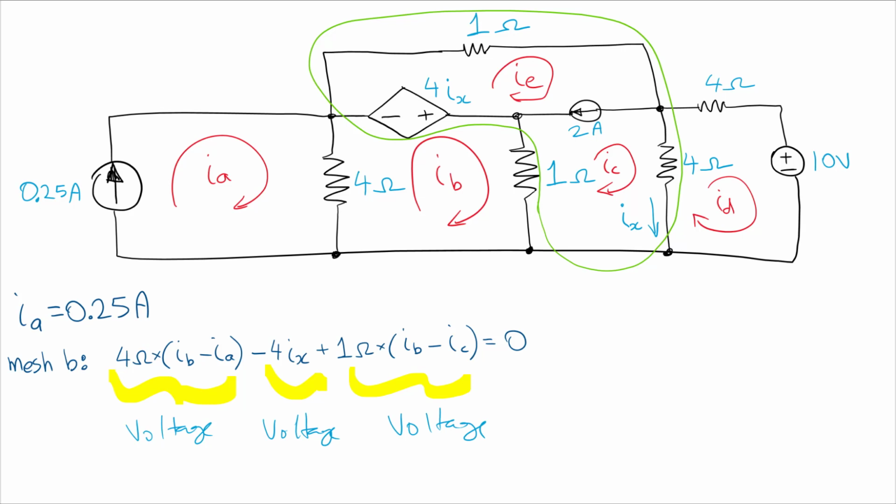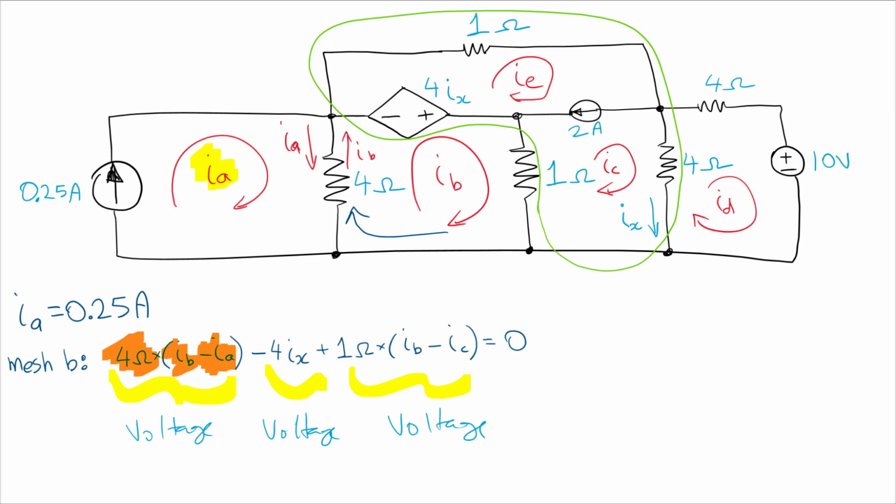When we're looking at the IB mesh current, the direction of travel is going up this way. So the voltage of the 4 ohm resistor is going to be the 4 ohm resistor multiplied by the IB mesh current, and we see that the IA mesh current is in the opposite direction of IB. So we have IB flowing up this way and IA flowing up this way, in opposition. So that's why we have a minus sign here for the IA mesh current. That is where we get those terms from.